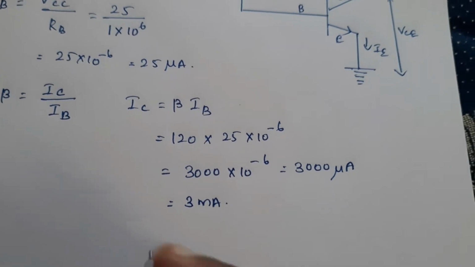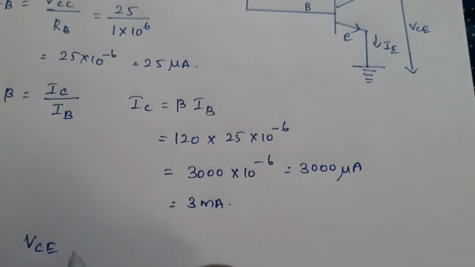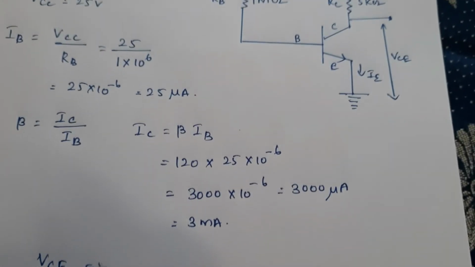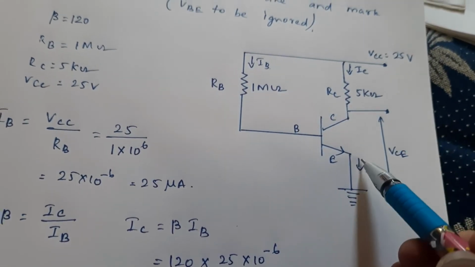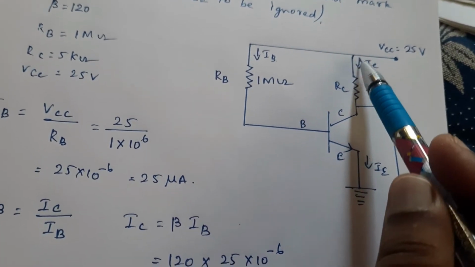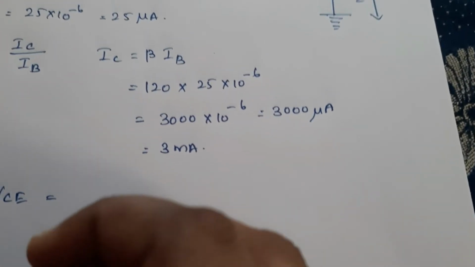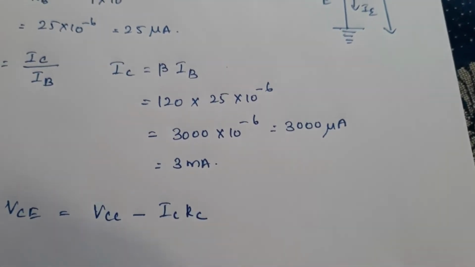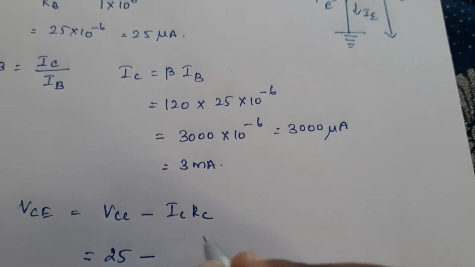Okay, now we have to find VCE. How to calculate VCE? VCE is VCC minus IC into RC. What is the VCC? 25 minus IC.